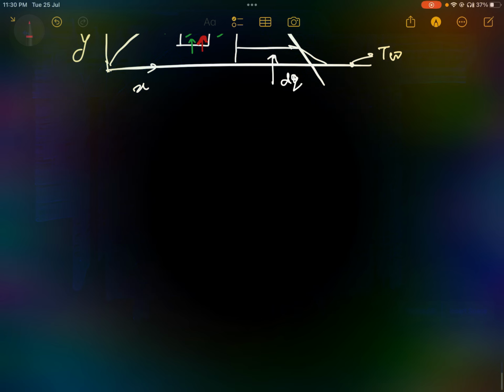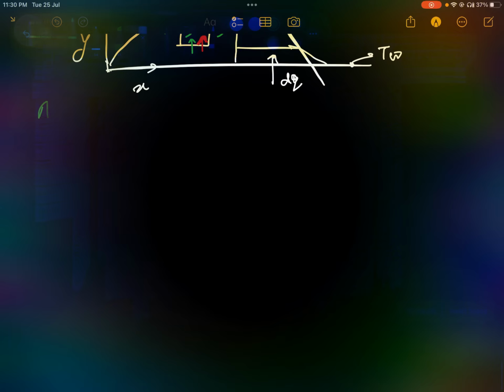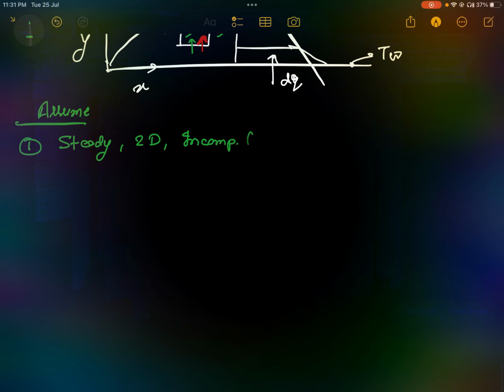So like the hydrodynamic boundary layer, there are also assumptions in the case of the thermal boundary layer. So what are the assumptions? Let's try to find out. The first assumption is that the flow is taken to be steady, 2D, and incompressible. 2D means what? The u velocity is a function of x and y.